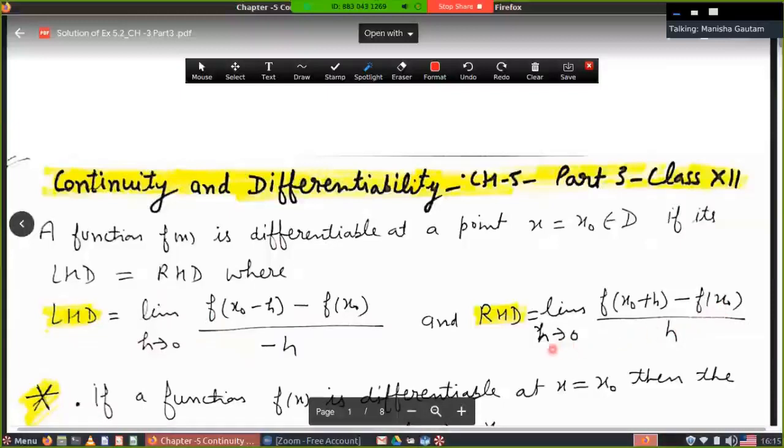If you want to calculate whether the function is differentiable or not, then you can check the left-hand derivative and right-hand derivative. If both are equal, then the function is differentiable.